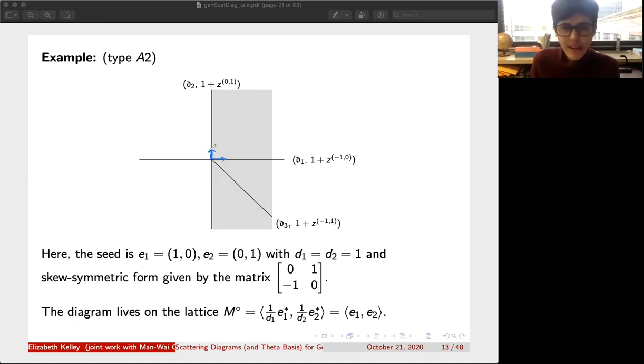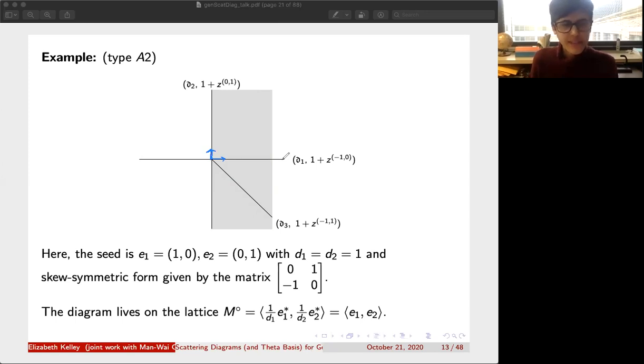And then that means that this vertical wall and the horizontal wall are the initial walls of our scattering diagram. And the fifth wall was filled in by some mysterious process that I absolutely refuse to explain. But it is the correct wall and it goes there.